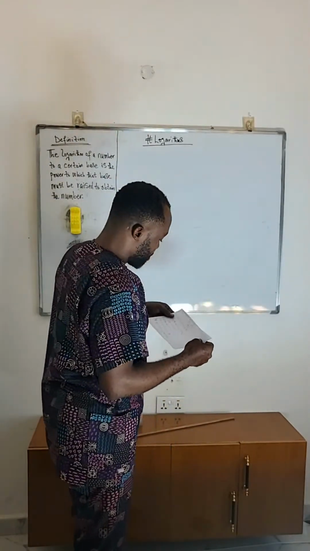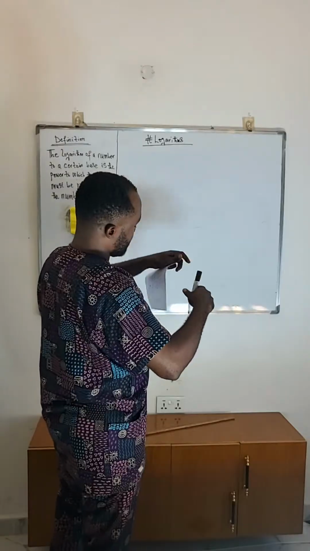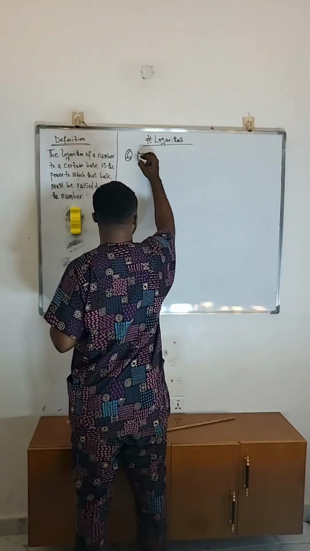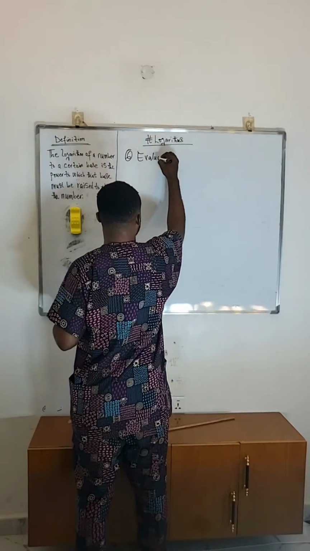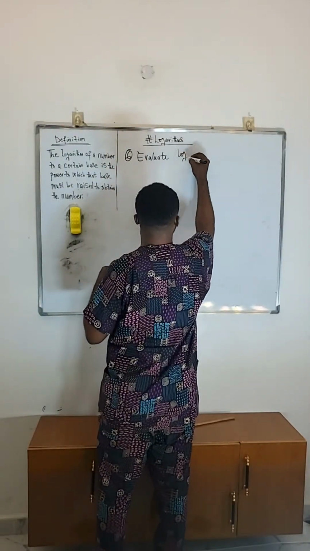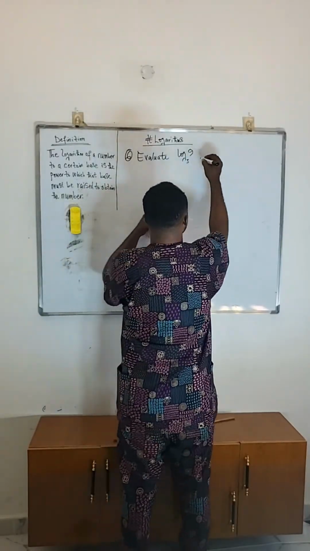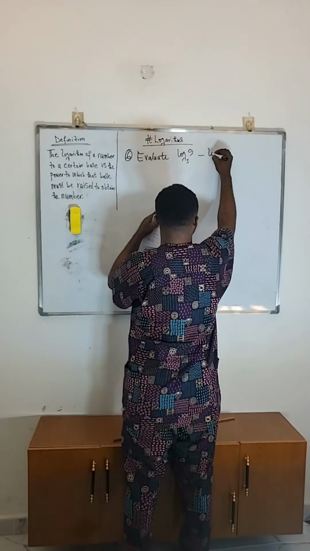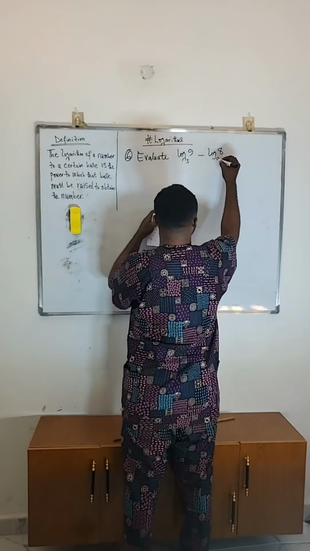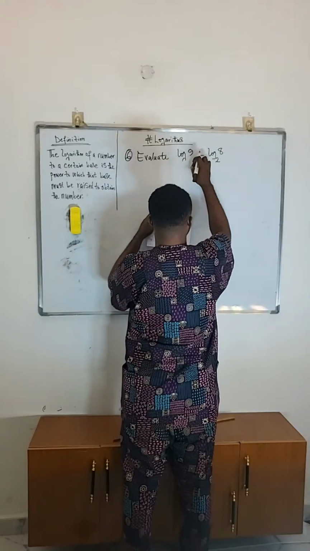All right. So question number 6. Let's go to question number 6. Question number 6 says evaluate log 9 in base 3 minus log 8 in base 2, let me write the 2 bold, in base 2.